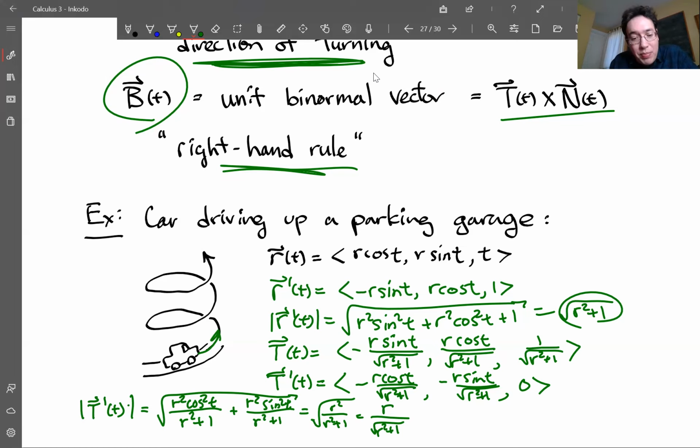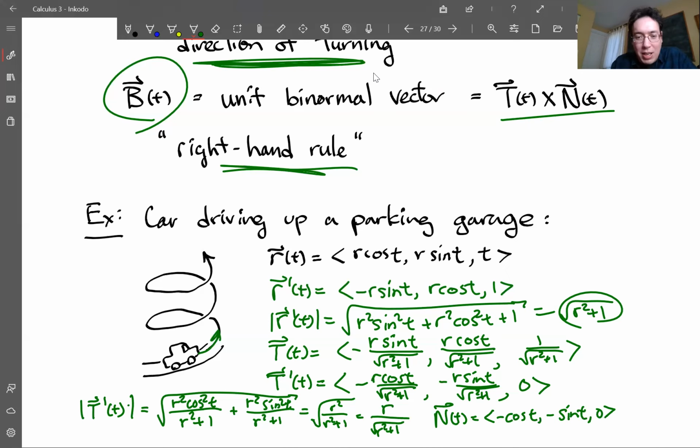You might think it's starting to get messy, but actually if we divide by this constant here, the constant in front of cosine and sine cancels out nicely. So our unit normal vector is just going to be negative cosine, negative sine, and 0.